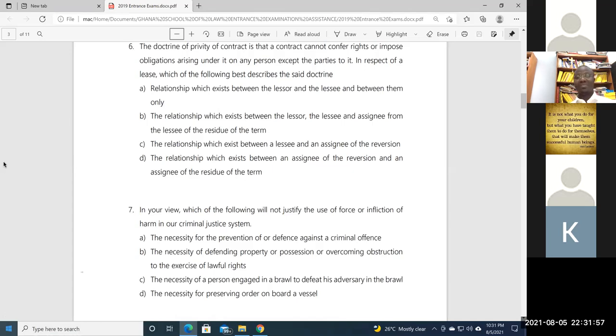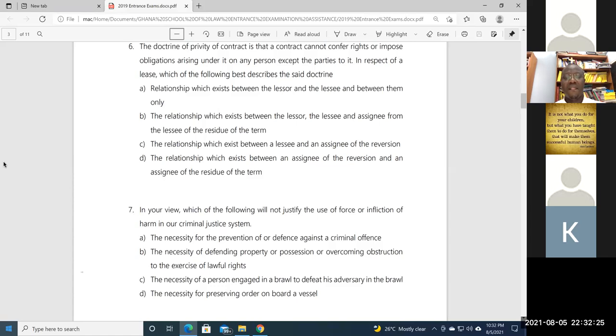So it appears like the answer should contain three parties. So when I read option A, relationship exists between the lessor and lessee and between them only. With my elimination method and my understanding of privity of contract, I noticed that it cannot be between them only. If that is just between the two of them only, then that is not privity. We are not talking about privity.